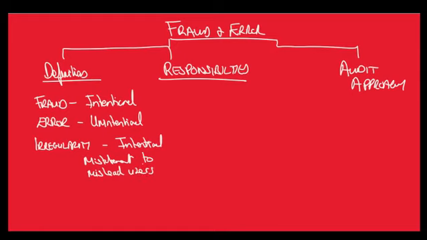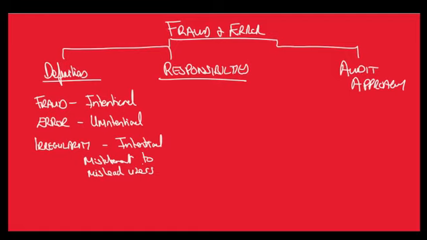Okay, so if a material error is identified, but it's not corrected, then it actually becomes an irregularity. So if it was an error to begin with, but then is not corrected, it then becomes an irregularity, which is an intentional misstatement to mislead users. Okay, so that's what they are.